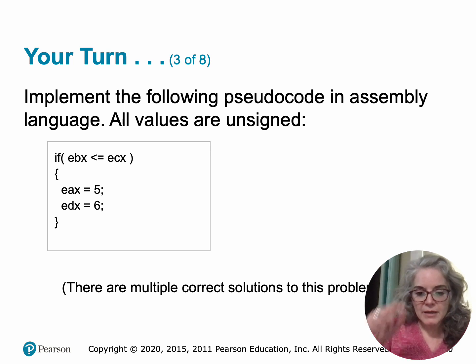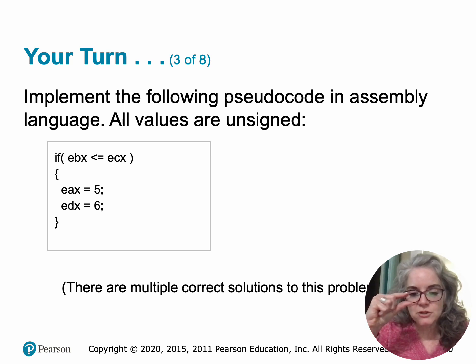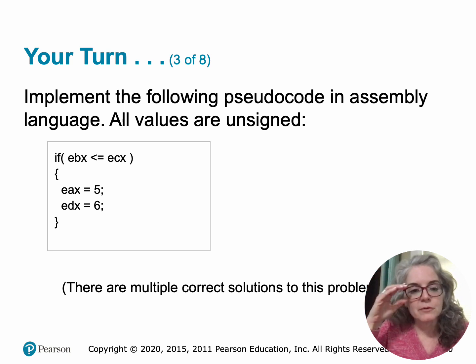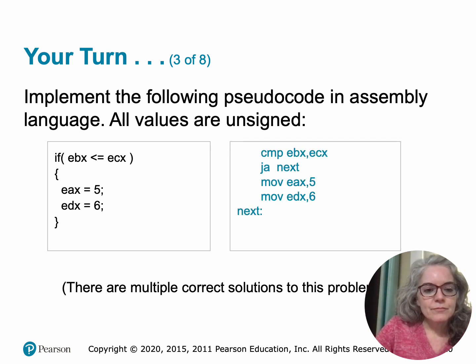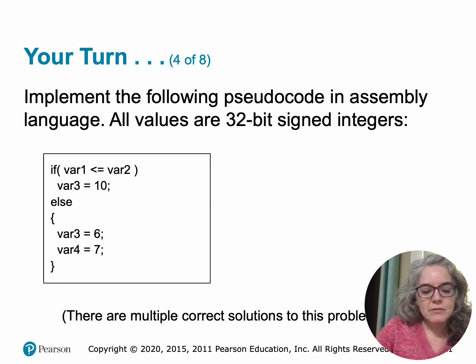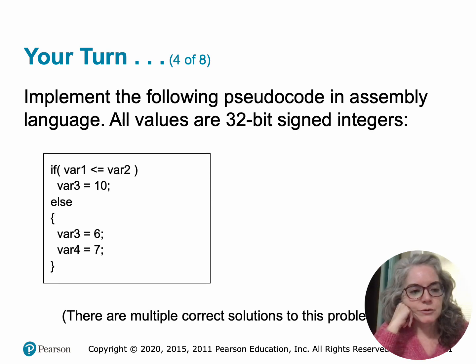So you're going to find what is that jump instruction that checks to see if it's less than or equal to. It has to do something with below. There's above and below. So there's the code, but I want you to see if you can do it on your own, okay? So pause the video, try to do these on your own before you look at the solutions.